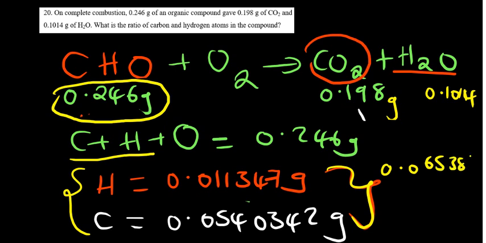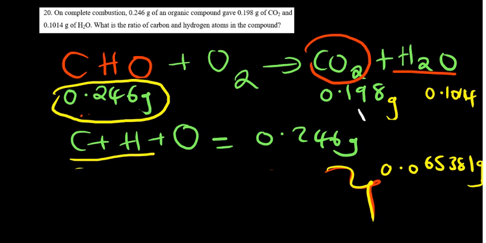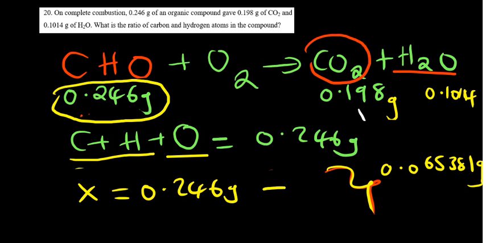So that is our mass for what? The total mass of carbon and hydrogen added together. Now that we've added carbon and hydrogen, we can take it across the equal sign, and I can denote the oxygen by a value x. So we're going to have 0.246 being subtracted by the total mass of carbon and hydrogen, so that the remainder represents the mass of the oxygen.